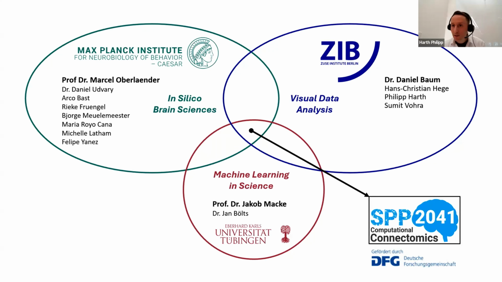This cooperation project is part of a larger consortium, the SPP 2041 Computational Connectomics program, funded by DFG. We're now in the second funding period and about to conclude this research program. Most of the work I present here is, in fact, cooperative work with these 2 other labs.